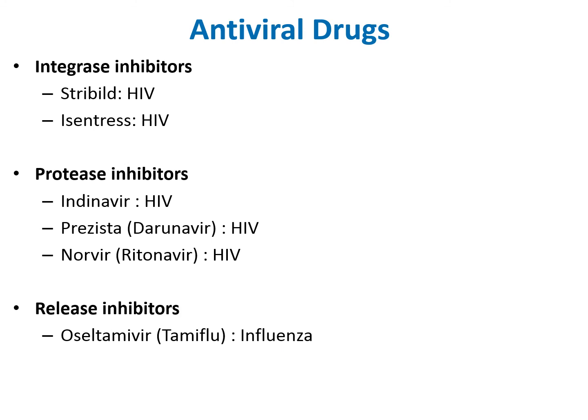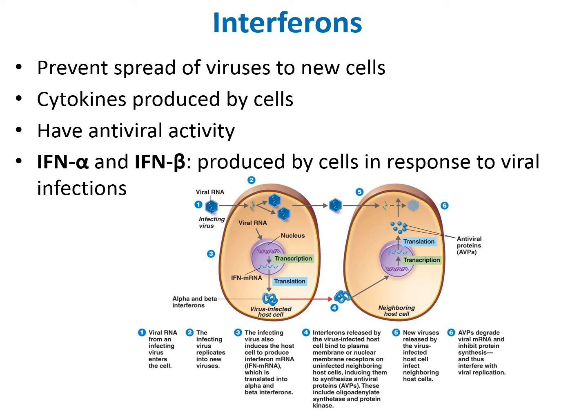Drugs like Stribild and Isentress bind integrase and prevent it from transferring DNA copies of the HIV genome into the host chromosome. The final antiviral treatment that we'll look at are the interferons.